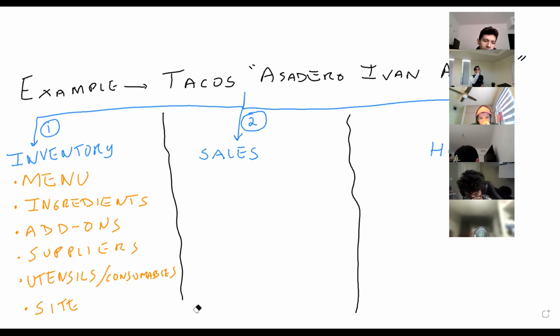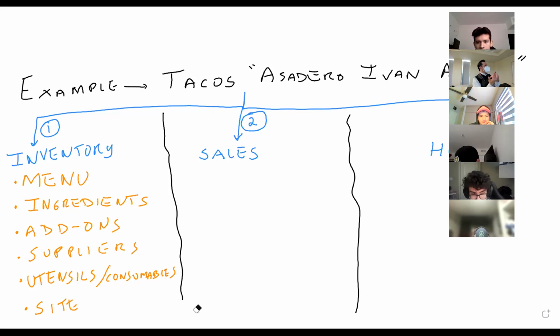Yes, Juan, go ahead. Can you explain why site is in inventory? I didn't get it. Okay, site could be or couldn't be in the inventory depending on how we're focusing on the problem. If we're assuming that we're looking at the whole enterprise, not just one of the taquerias because they're regional, then I want something that identifies the sites.